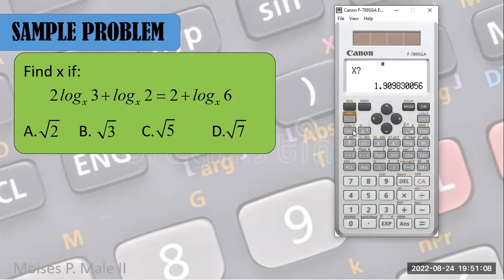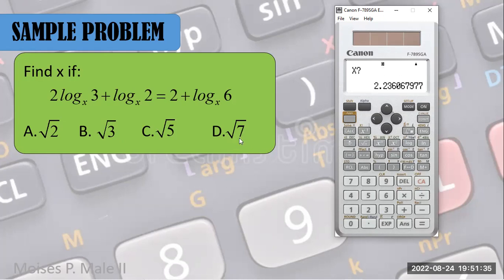So calculate. Input the square root of 2. Okay, it won't give you 0. So another, square root of 3, equals 0. So D is correct. Even if you try C, square root of 5, let's try. Maybe it's correct. So, wrong.